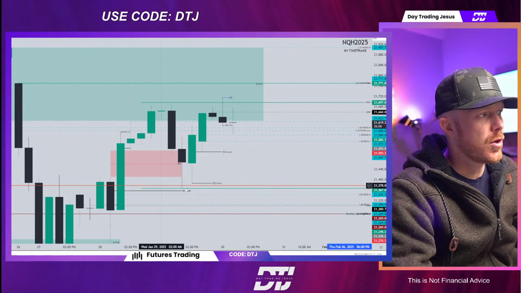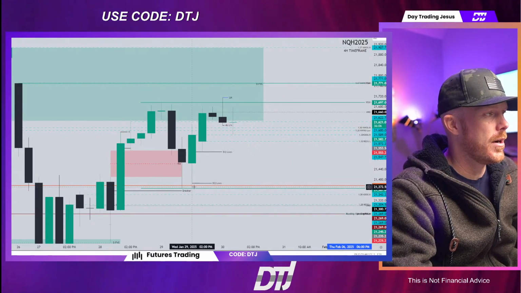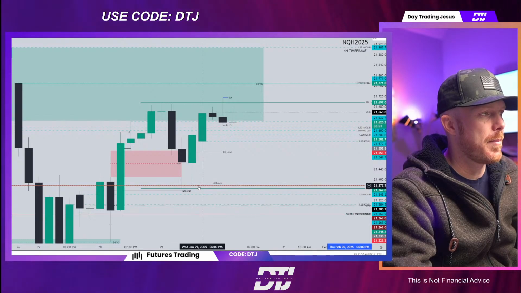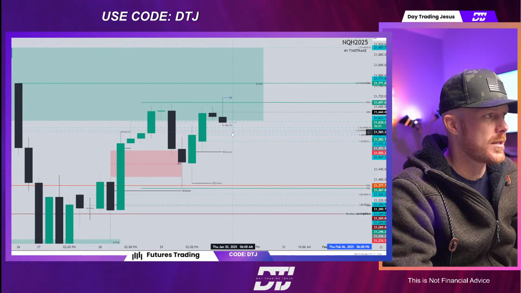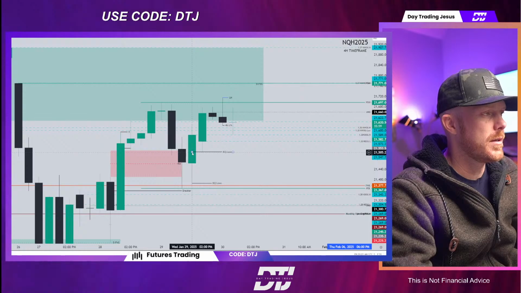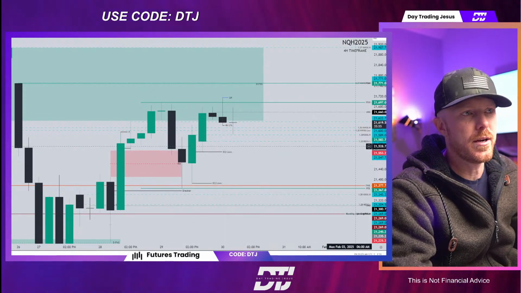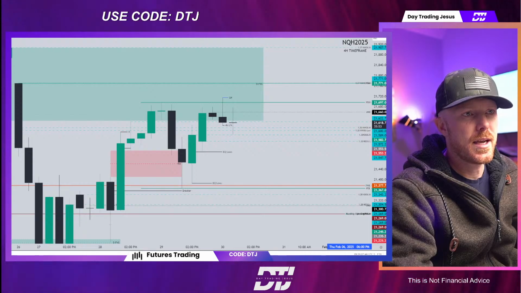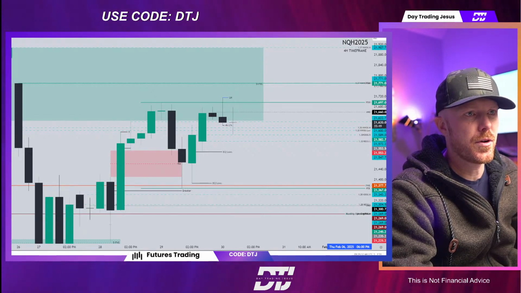I personally don't think we run all the way back down here. I will change my bias if we start running aggressively. I think the lowest we'll go is to this set of equal lows right here. That's my narrative: to see lower prices first and then a push higher.